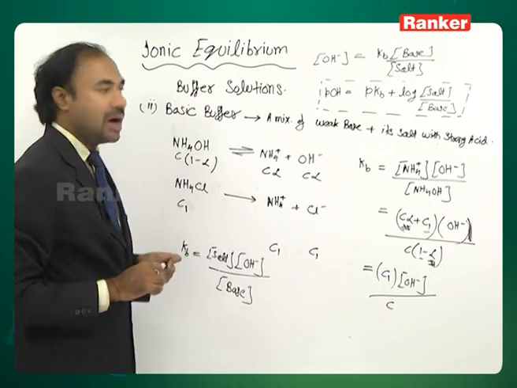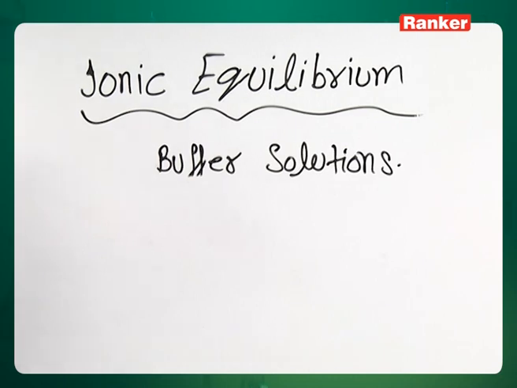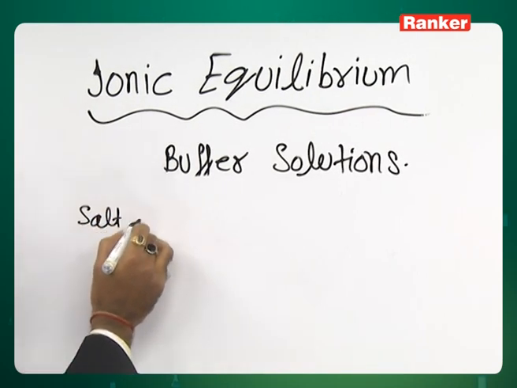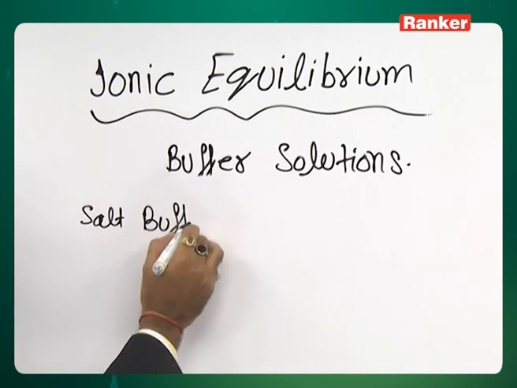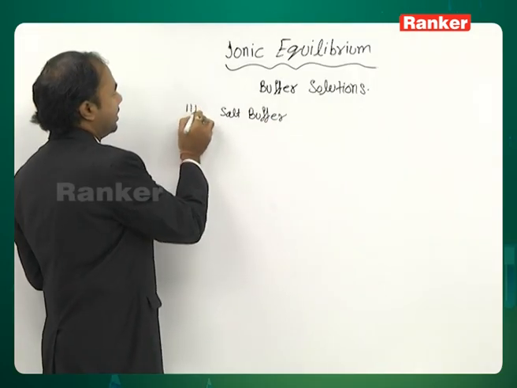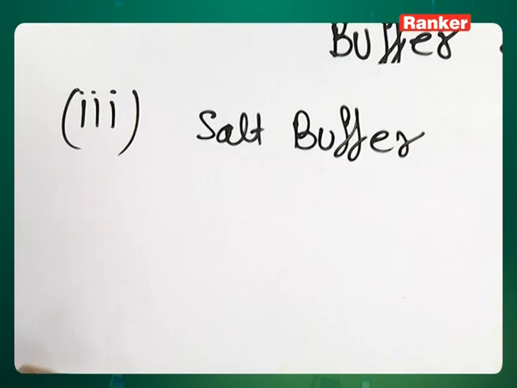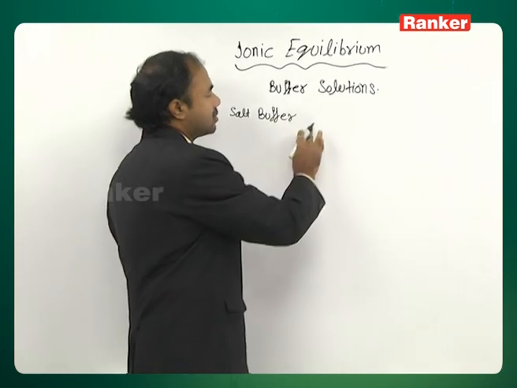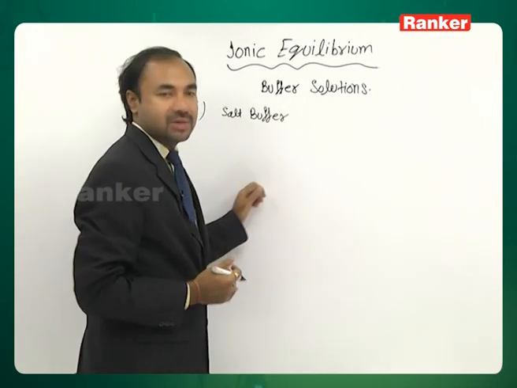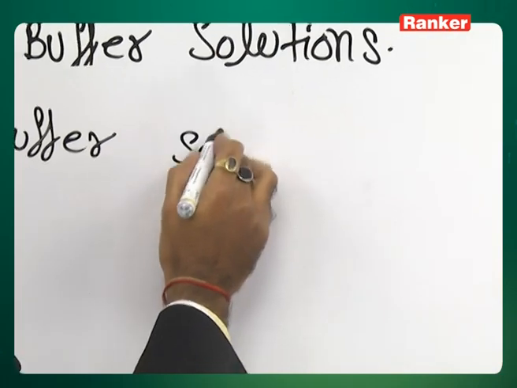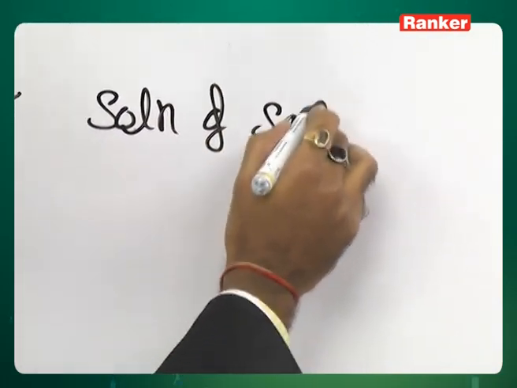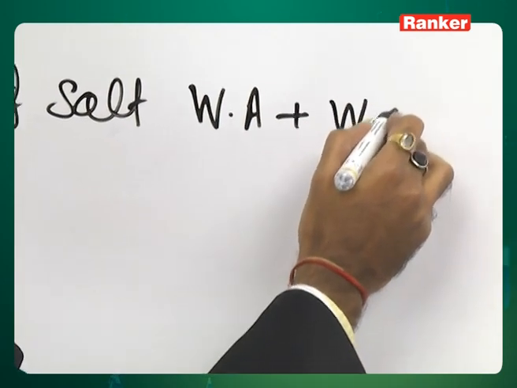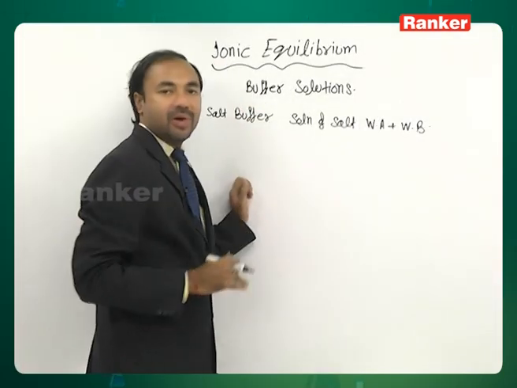Third type of buffers which we have here are called neutral buffers, or better to call them salt buffer. How to go for them? See, we are going to discuss now salt buffer, and this is the third category which we are discussing. First was acidic, second was basic, this is salt buffer here. A solution of a salt of weak acid and weak base behaves as a salt buffer.